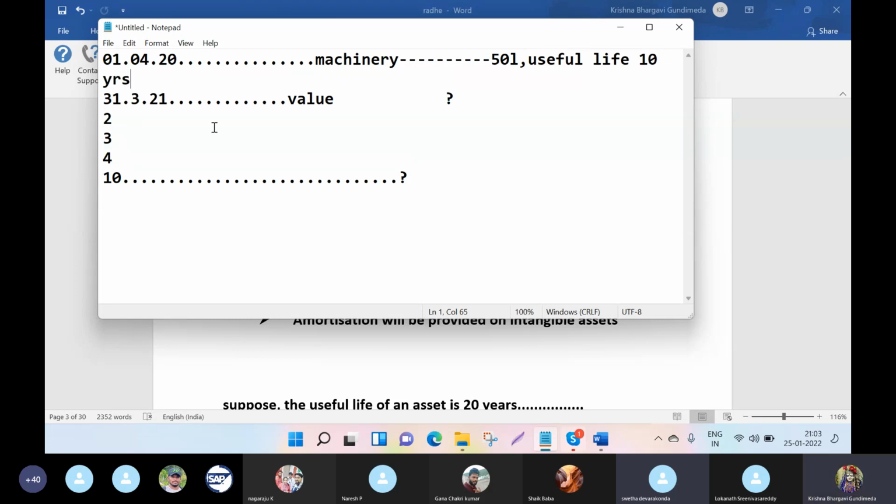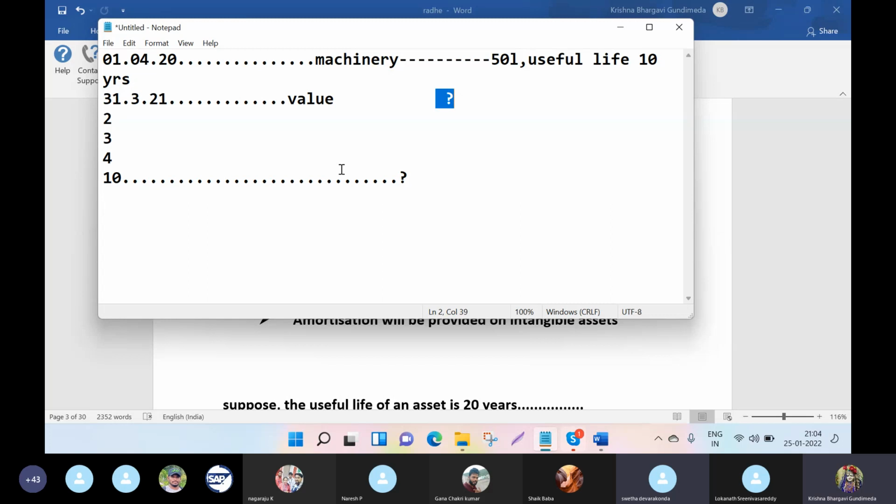At the first year ending, will the value of machinery be the same, or how will the amount be shown, or what criteria are taken to record it in the books of accounts?